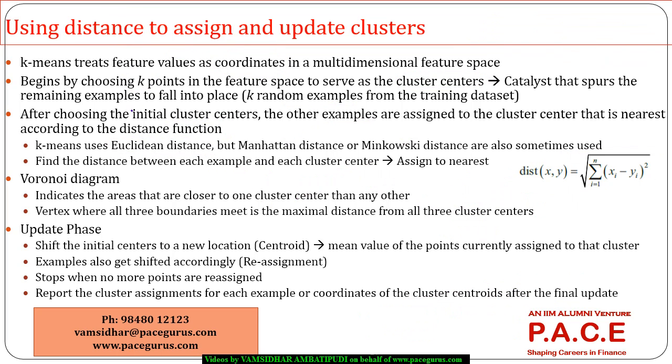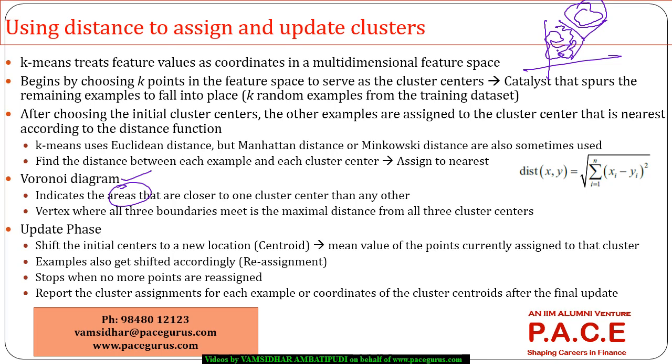In this context, we also bring in Voronoi diagrams, which are nothing but the areas that are closer to one cluster than the other. If I am talking about some set of points, let's say these three clusters come out. This is the area where this cluster is possible, and this is the area where you will get selected.